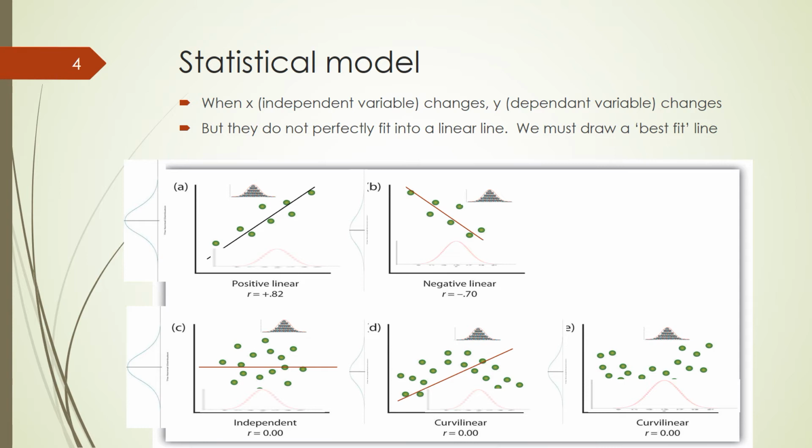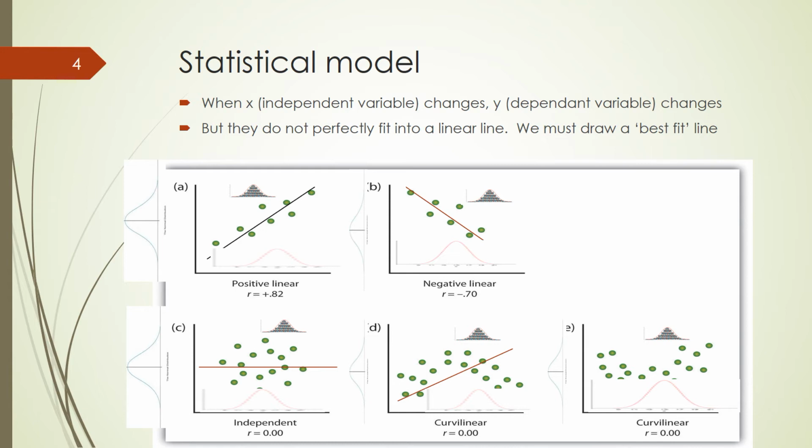So we can have relationships trending upwards, trending downwards, or the dependent variable does not change along with the independent variable, where it is a horizontal relationship, and the dependent variable keeps changing while the independent variable doesn't change, which is the vertical line parallel to y.